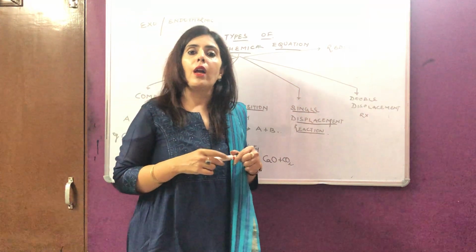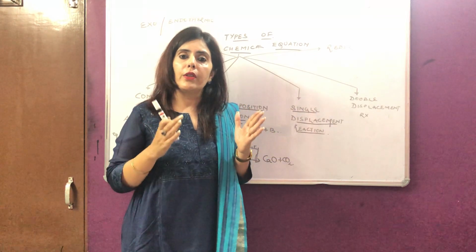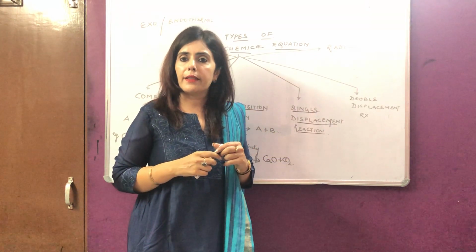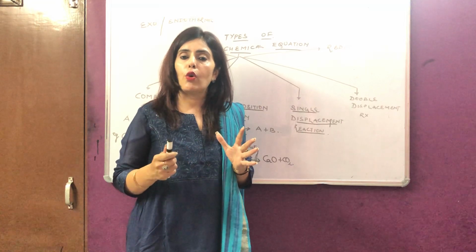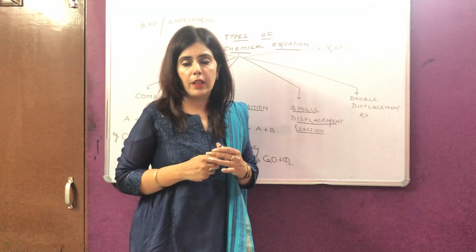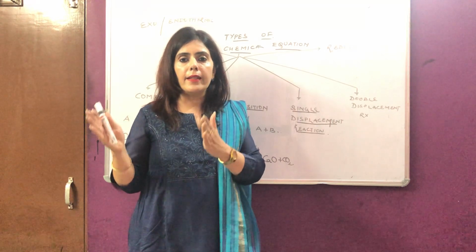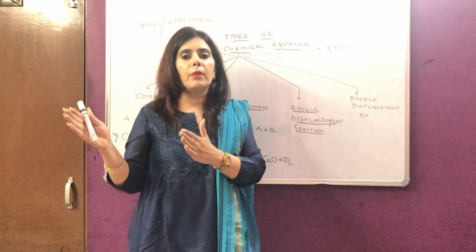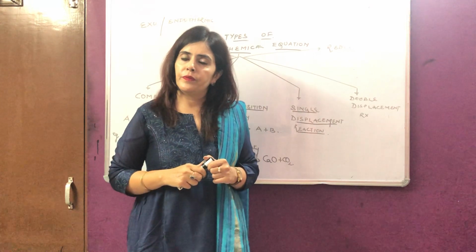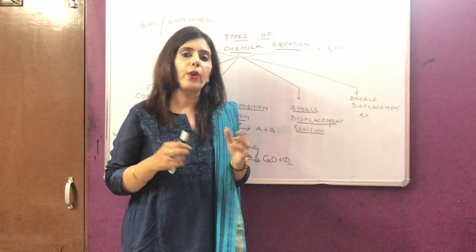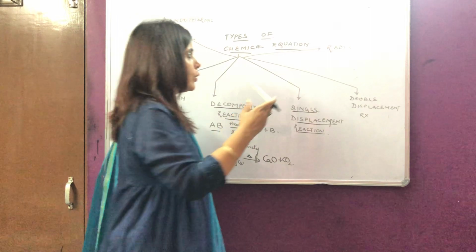It says whenever a more reactive metal reacts with a salt of a less reactive metal, the more reactive metal displaces the less reactive metal from its salt solution. Do you get it? A more reactive metal. We all know the reactivity series.